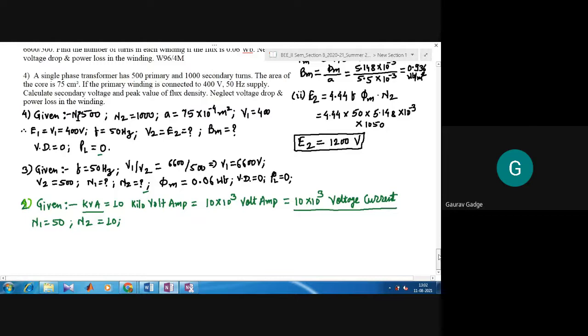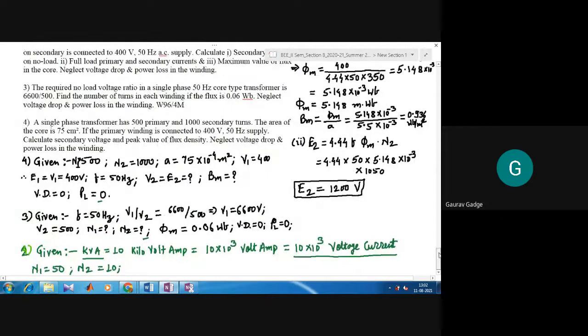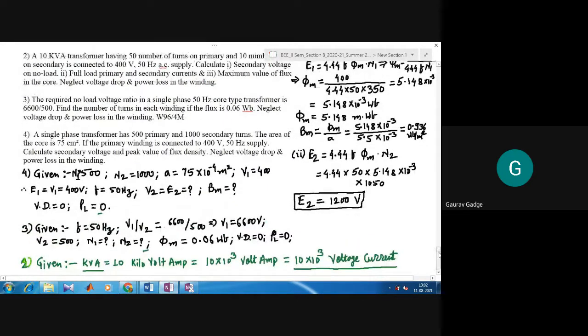Now what other quantity is given? The 10 number of turns on the secondary, connected to a 400 volt AC supply.